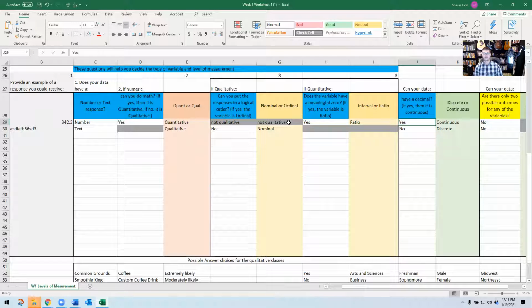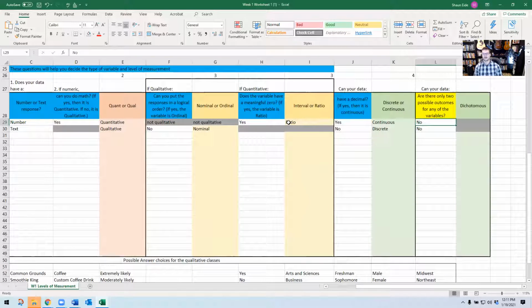And then can it have a decimal? The answer is yes. Notice I say there, can it have a decimal? Remember what I said earlier, when I say 21 years old, it doesn't normally have a decimal, but can it have a decimal? Yes. So really what we're looking at is, is it a count, or is it something that is a decimal?